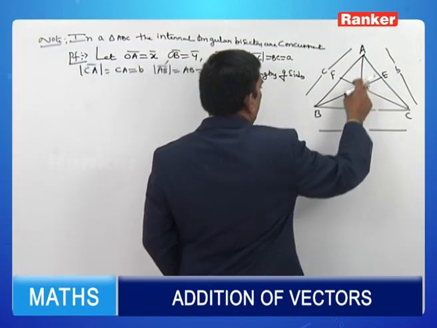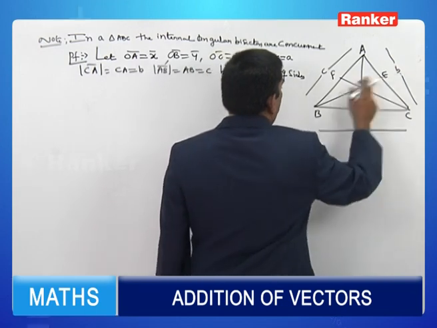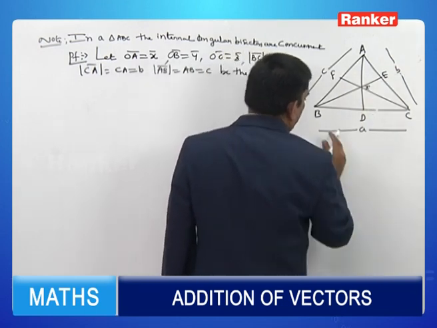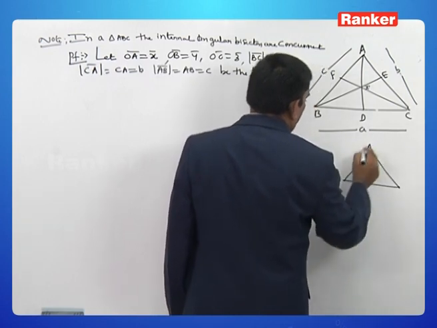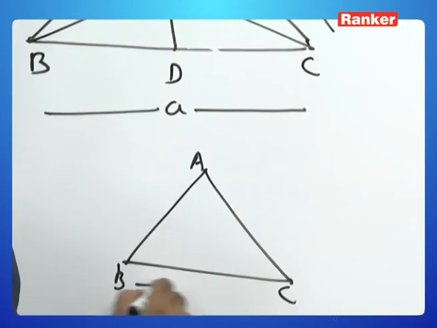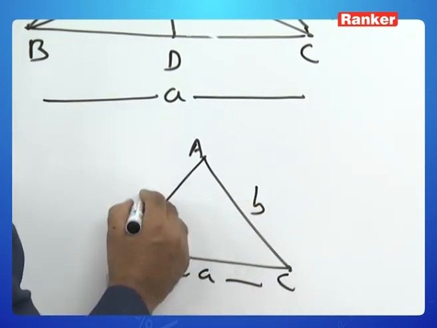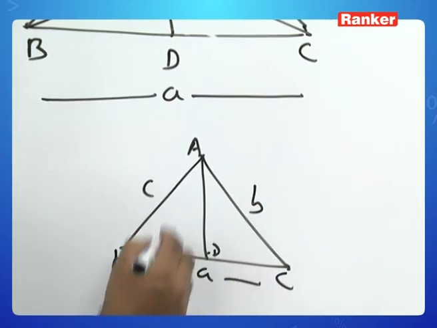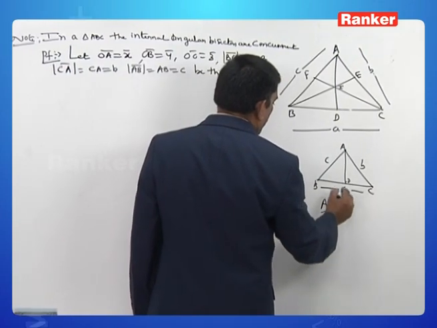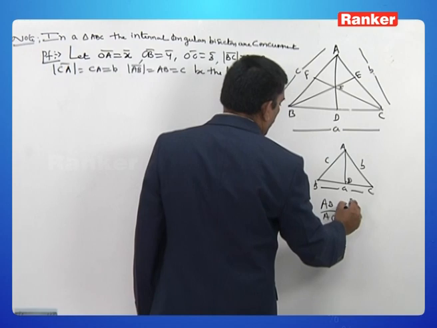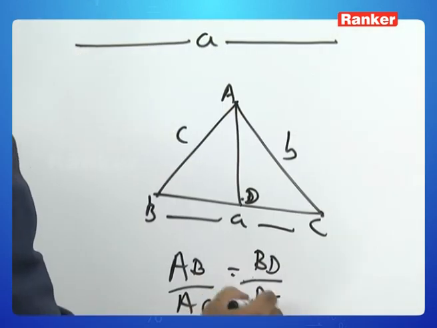So now you know it already by using the angular bisector theorem. When it is an internal angular bisector, take A, B, C, and D. D divides in what ratio? AB by AC is equal to BD by DC.